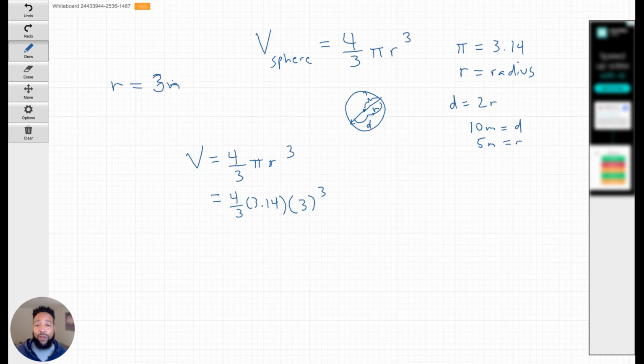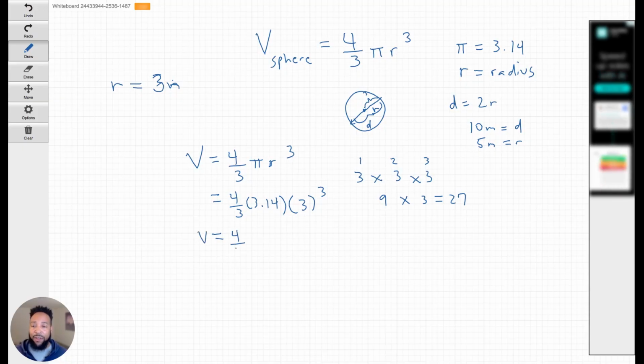So now what we do is we come off to the side and find out what is 3 to the third. 3 to the third is just multiplying 3 by itself 3 times. 3 times 3 times 3. So 3 times 3 is 9. Times 3 equals 27. So we come down here and we complete our equation.